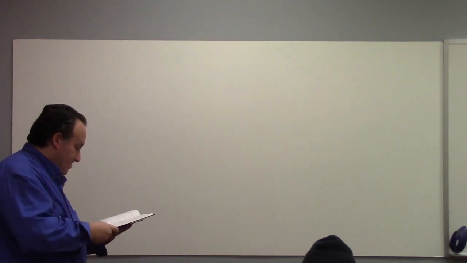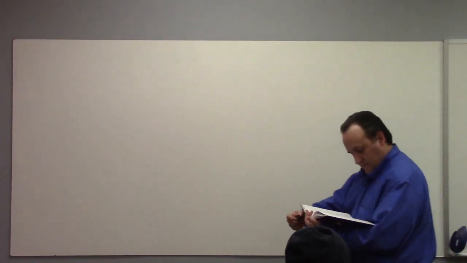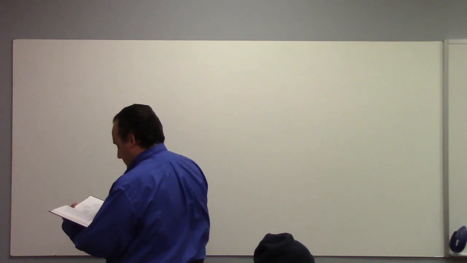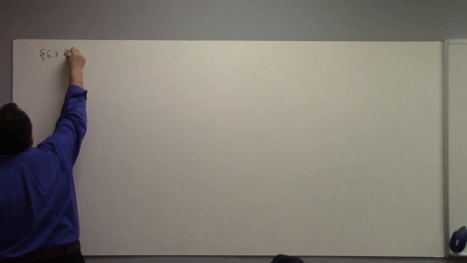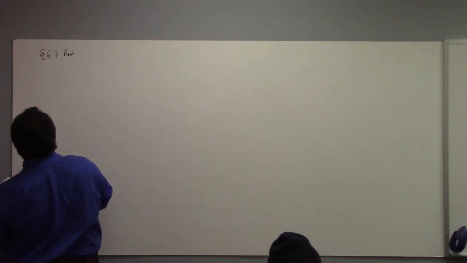I guess I need to do some of this to make sense of it. So this is section 6.3 in Rentlen's book. I always misspell his name.